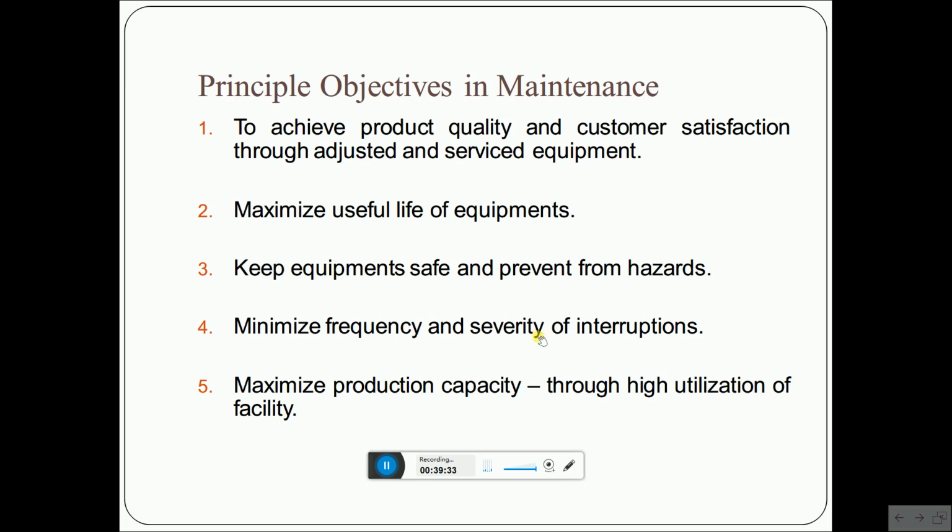Minimize frequency and severity of interruptions. So once we understand these faults, once we have the full knowledge of these faults, maybe we can do something that can enhance the performance of these subsystems and components to be less prone to faults.